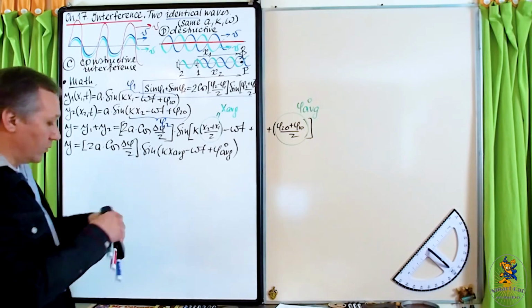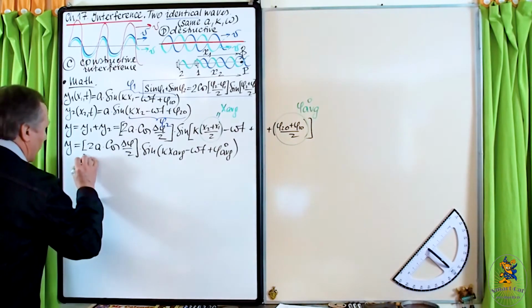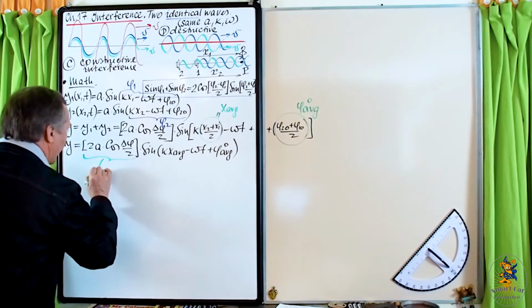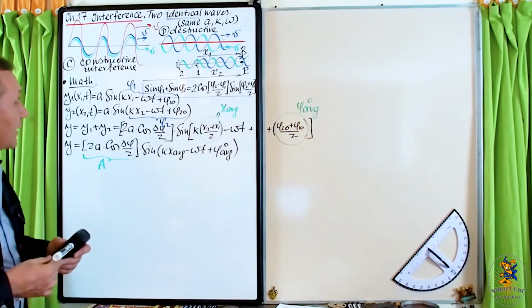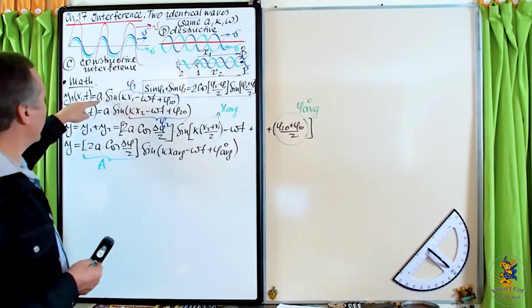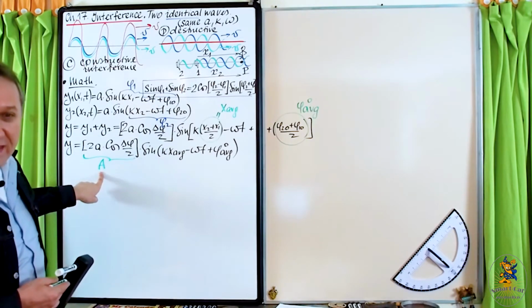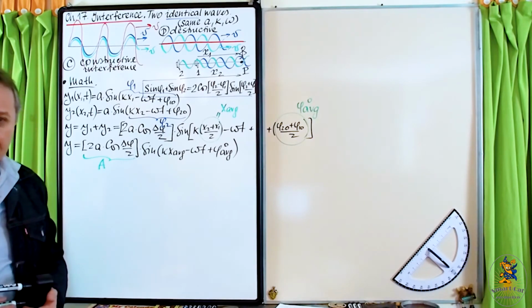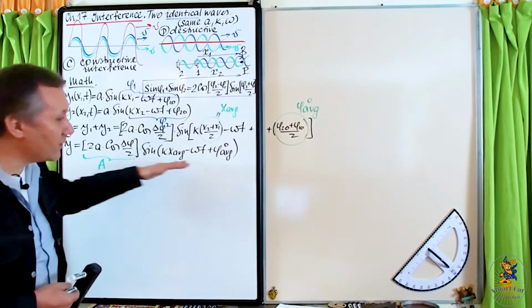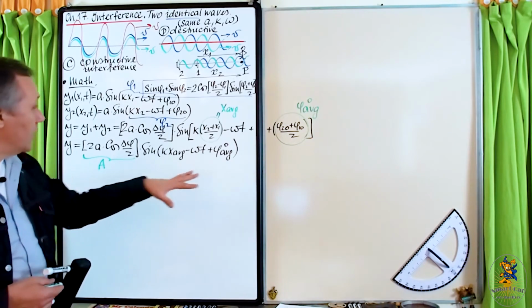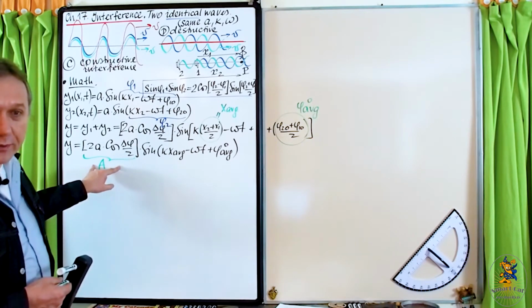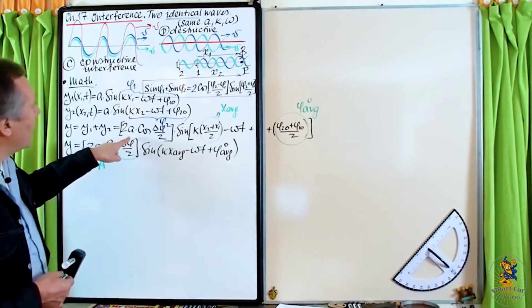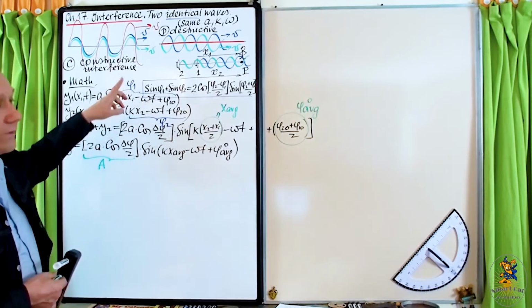So this, we can call it, for example, A capital. That's why over here I used a small a, so that I can save A capital for the amplitude of the resultant wave. So basically it's a traveling wave, but with complicated amplitude, which depends on the phase difference between this wave and that wave.